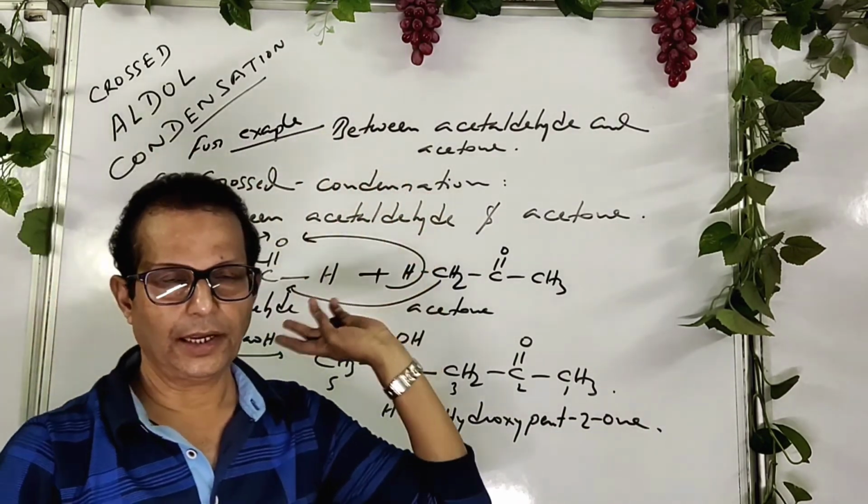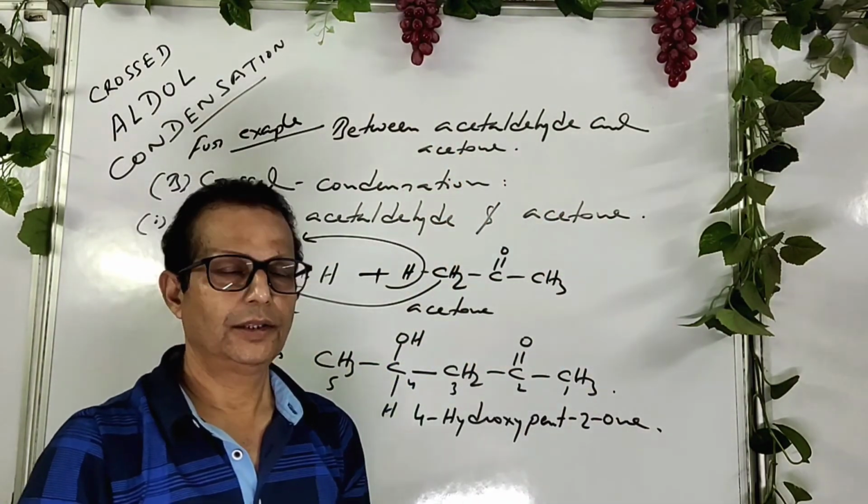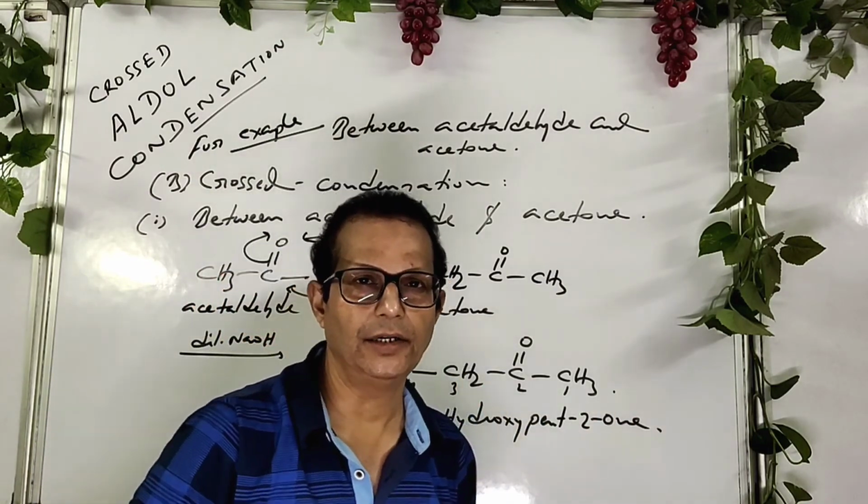Now the second crossed condensation product, just reverse, that is between one molecule of acetone and one molecule of acetaldehyde.